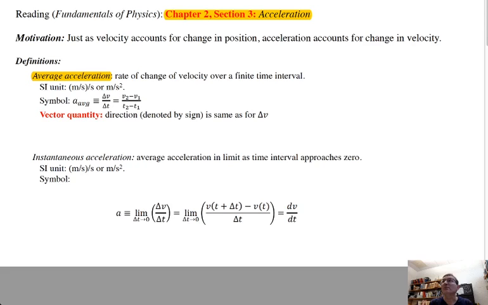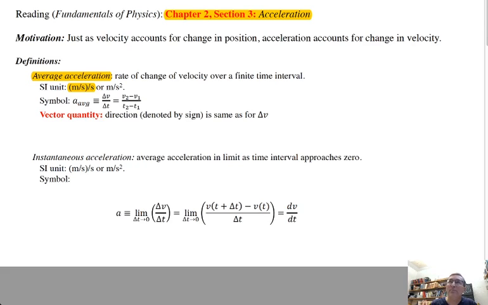The SI unit for average acceleration is the unit of velocity change divided by the unit of time interval. Well, we know from the previous lecture that the unit of velocity, and therefore velocity change, is meter per second, and the unit of a time interval is second. So the SI unit of average acceleration, technically speaking, is meter per second per second. But one of the things you want to get used to is the fact that units obey the same rules of algebra as symbols.